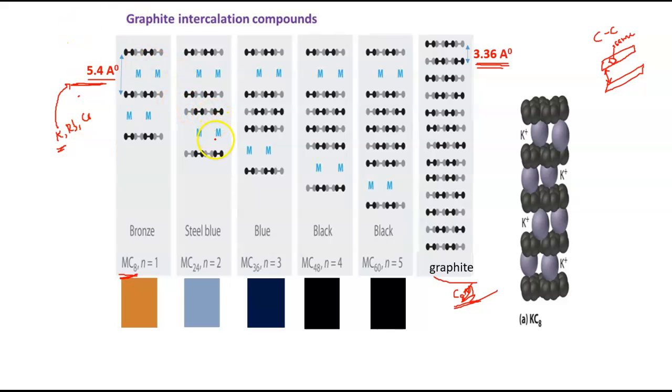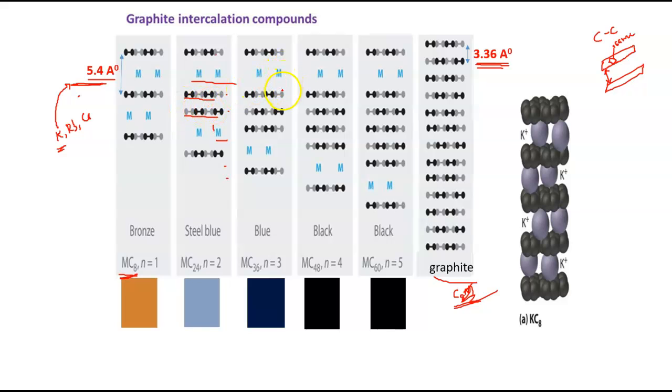In the case of the second stage intercalation compound, you have an alkali metal layer, and after that two graphite layers, then an alkali metal layer, then two graphite layers. These two graphite layers will not have any alkali metal incorporated between them.